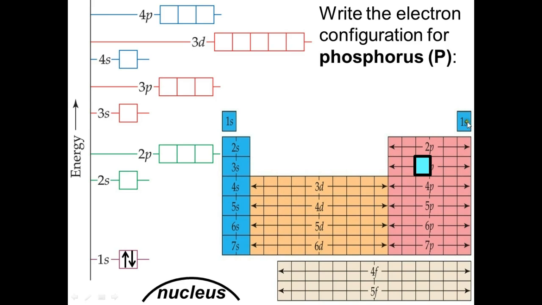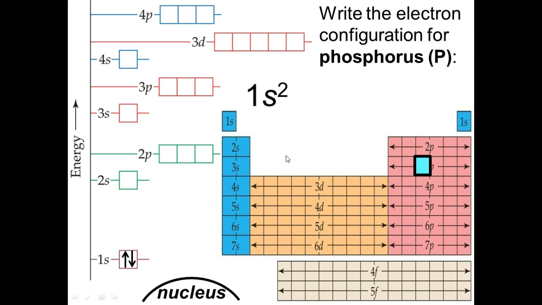Then after we pass helium, we go down to lithium, which is in 2s, and then beryllium, so that's 2 boxes, with 2 arrows, one up and one down. And by the way, as you're doing this, you have to write everything out. You write the category, so 1s, and then the exponent tells you the number of boxes you pass by. So this would be 1s2 because we passed 2.